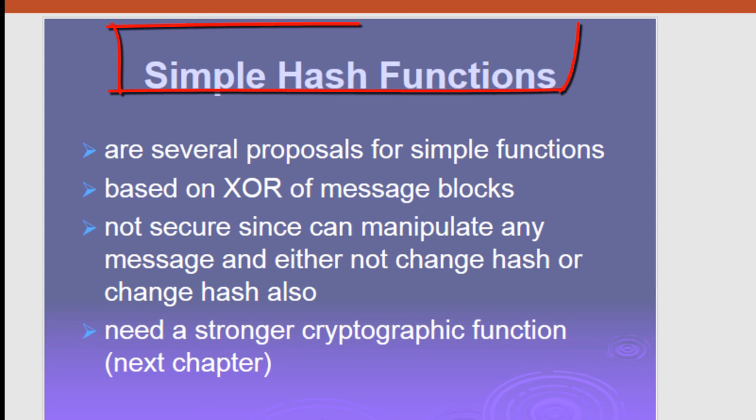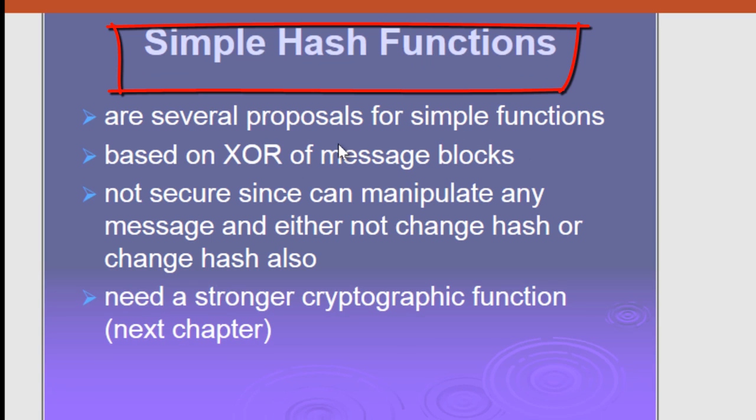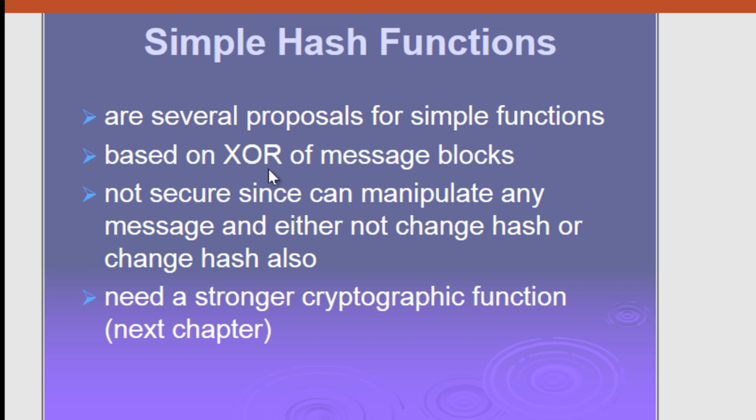Now, a simple hash function is just doing an exclusive-OR of many message blocks. But by doing this procedure, the message is not securely protected against manipulation. That is, a manipulation can change the hash or it might not change your hash.